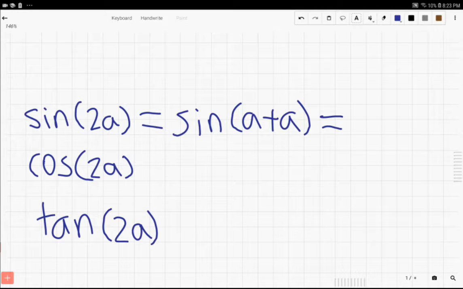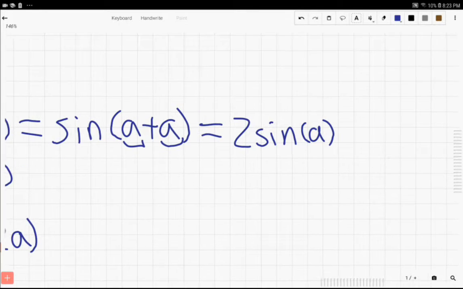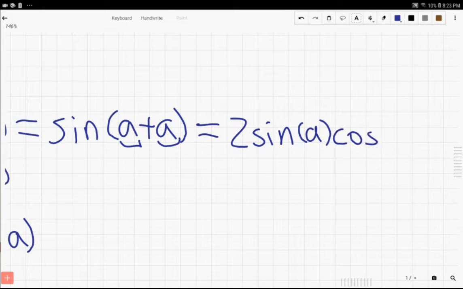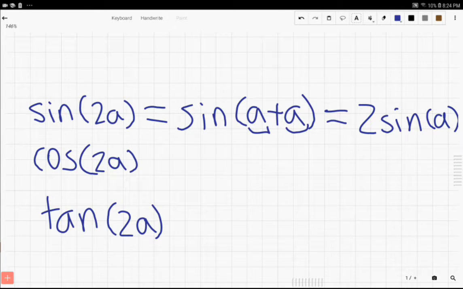And this is found by plugging in A and A into the sine addition identity, which we have earlier. And so sine of 2A ends up being 2 times sine of A times cosine of A. And we can do the same thing with cosine, which becomes actually a number of different values.